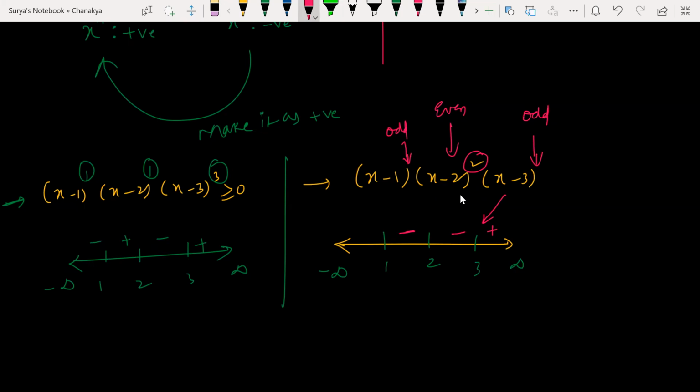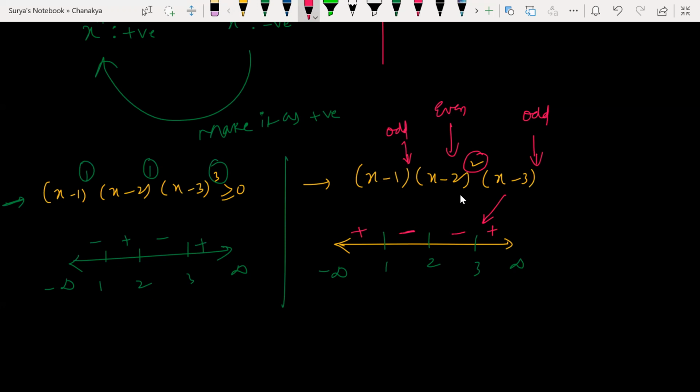All right. Whenever the power is even, the sign will not change. The power of 1 is what? Odd. Tell me, what is the sign going to be? Positive or negative? Positive. It is going to be positive. Very good.